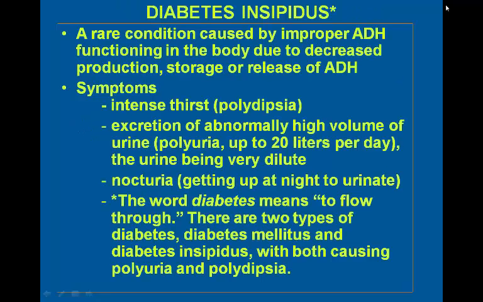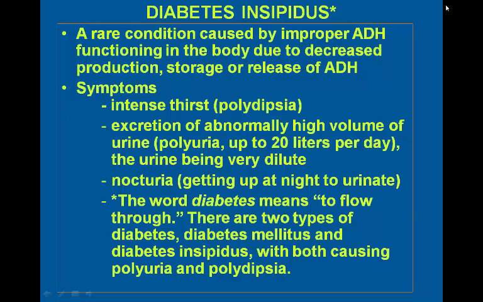The condition in which ADH is not secreted in adequate amounts is called diabetes insipidus. I'll talk about the condition first, and then I want to be sure that I mention the other kind of diabetes, diabetes mellitus, and we'll talk about the difference in those two diseases. Diabetes insipidus, as I said, is due to inadequate secretion or production or storage of the hormone ADH.